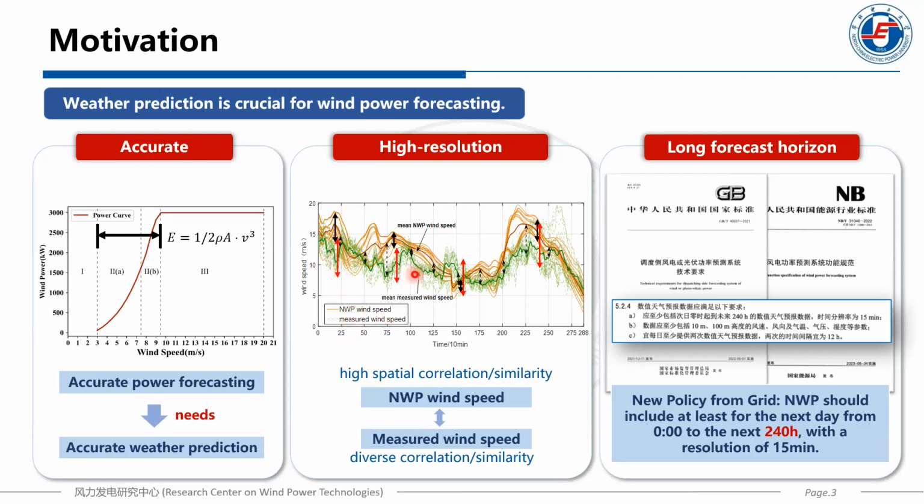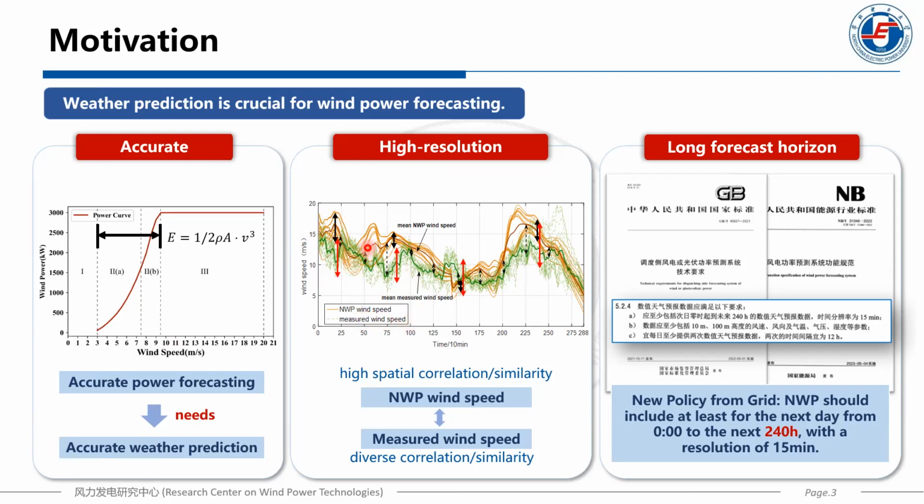But in fact, the real situation is those green curves here. The real measured wind speed has very diverse correlations. So you can see the difference between the NWP and the measurement data.